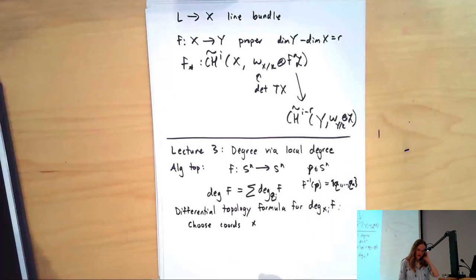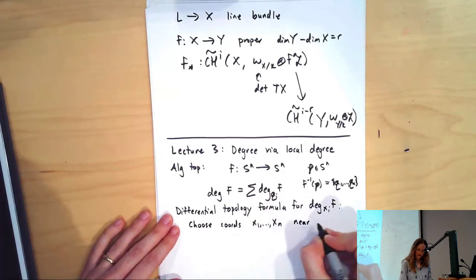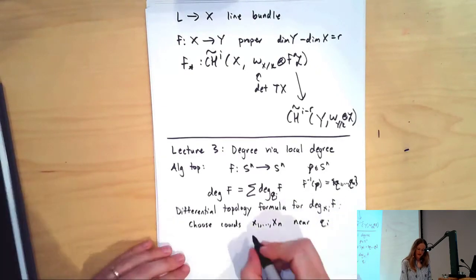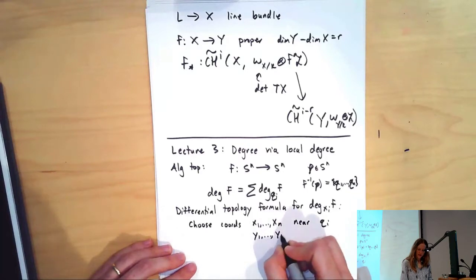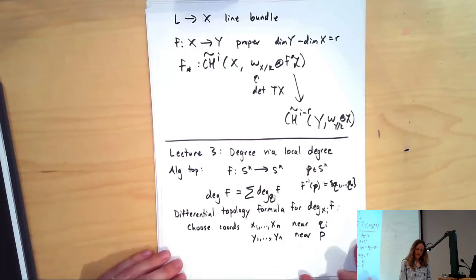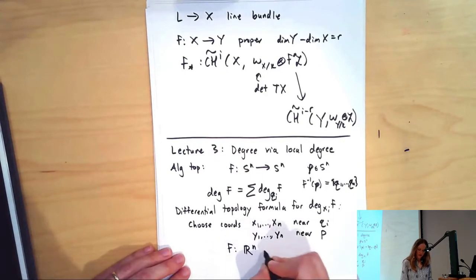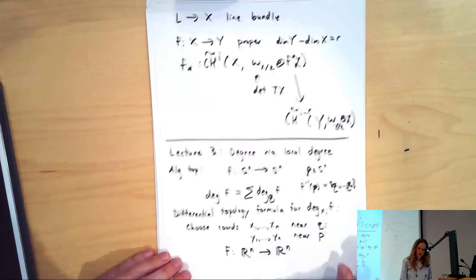So we can choose coordinates x1 through xn near qi, and y1 through yn near p, compatible with orientations. Then f looks like a function from Rn to Rn, and we can deform its Jacobian.